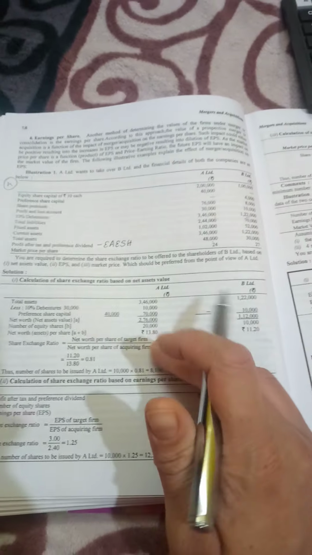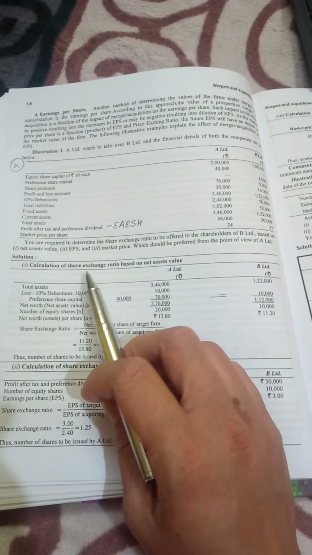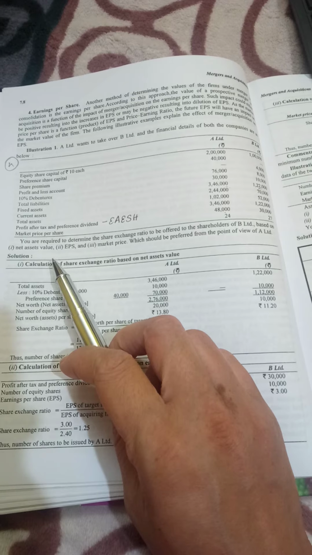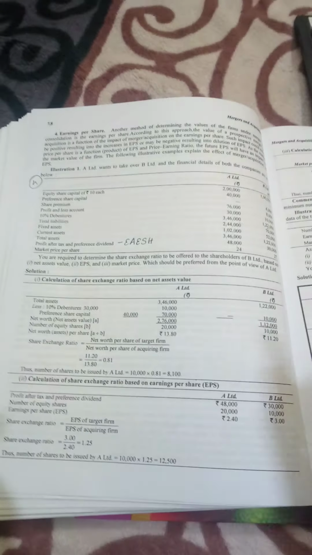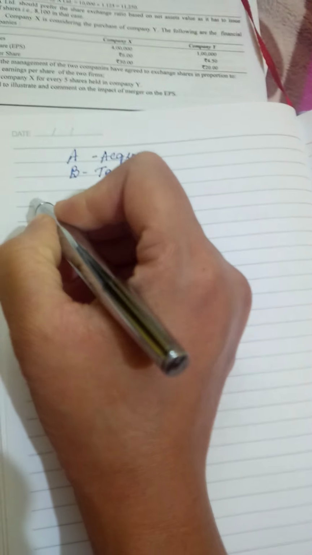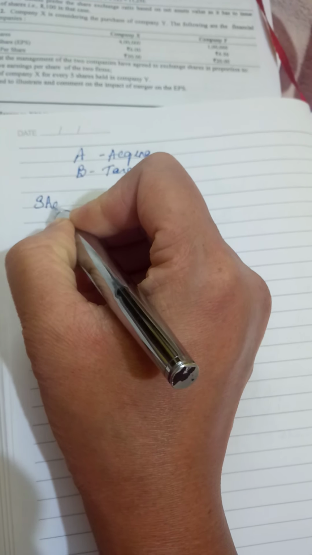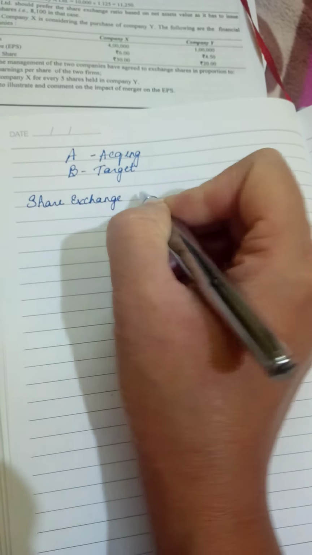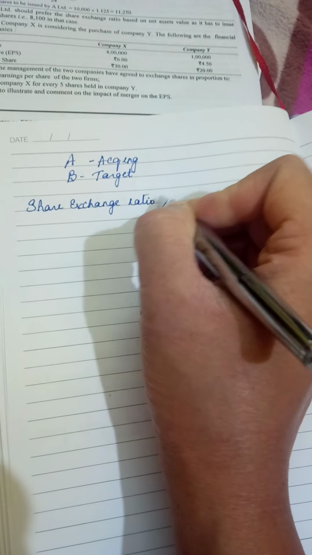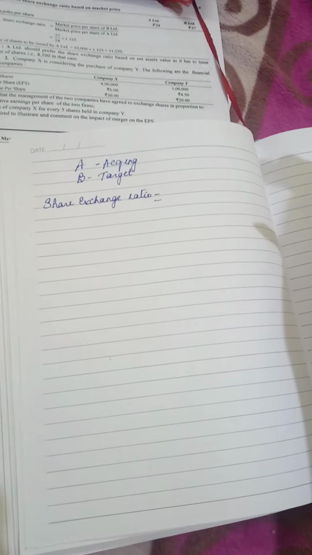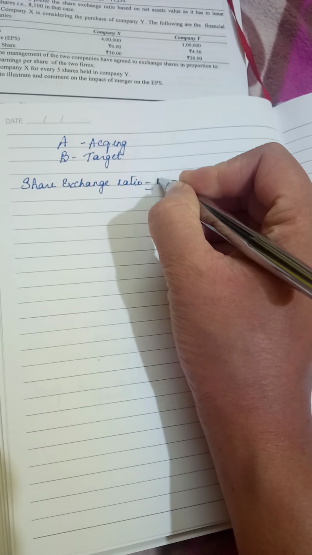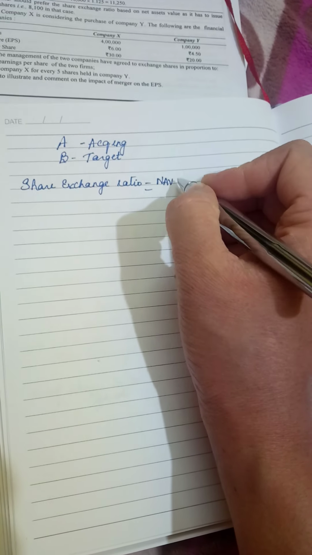Now let us start with the problem where calculation of share exchange ratio on the basis of net assets value you need to calculate. Girls, before that I hope you remember how to calculate share exchange ratio. Nothing but you need to find out how many shares you need to offer. Where, girls, if it is NAV basis, take NAV.